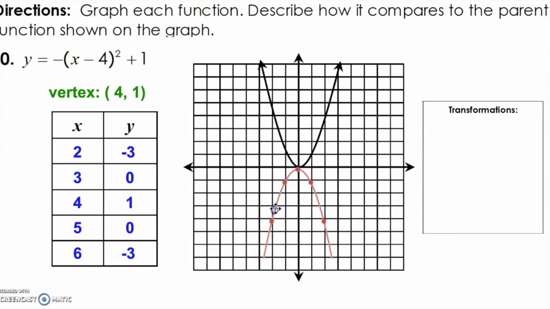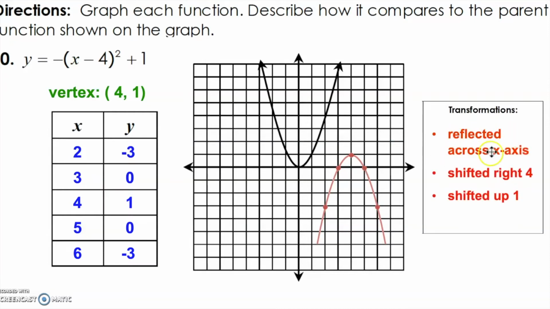Then I shift over 4 to the right because my h value is 4, and up 1 because my k value is positive 1. So describing those transformations that happen to the parent function here, we have a reflection across the x-axis because that a value was negative. We shifted to the right 4 because my h value was 4, and we shifted up 1 because our k value was 1.